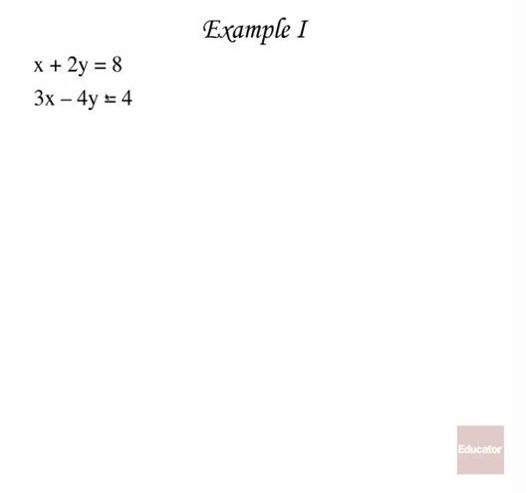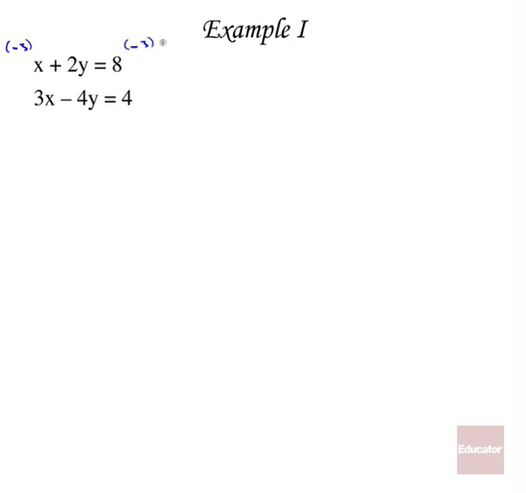In this particular case, I notice that this coefficient is 1. So chances are if I multiply this whole equation by negative 3 to transform it, and then add it to this equation, the negative 3x and the 3x will disappear. So let's go ahead and multiply everything by negative 3. And when I do that, I tend to put a negative 3 here, negative 3 there to remind me.